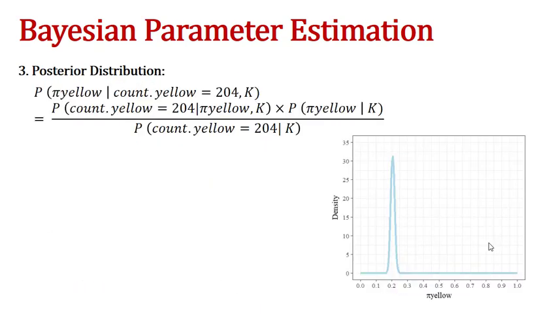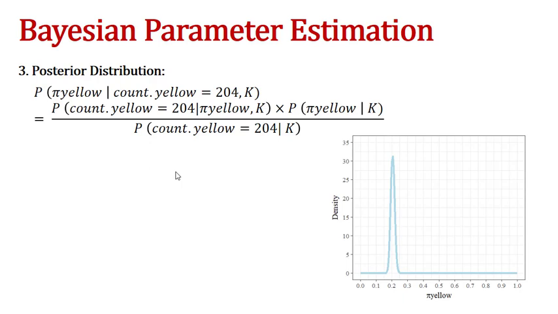Now, we have the prior, and we've got the distribution for determining the probability of the data. So when we combine these two, we obtain the posterior distribution.